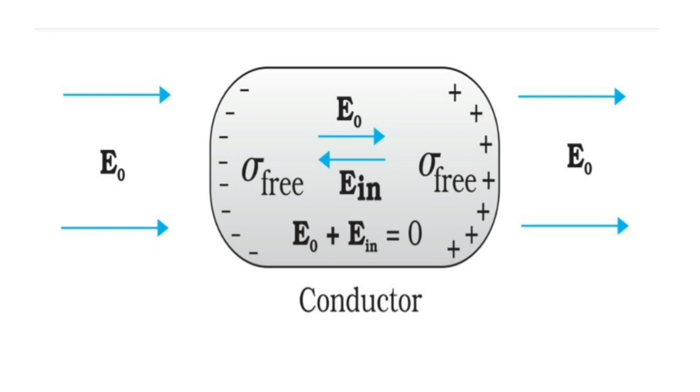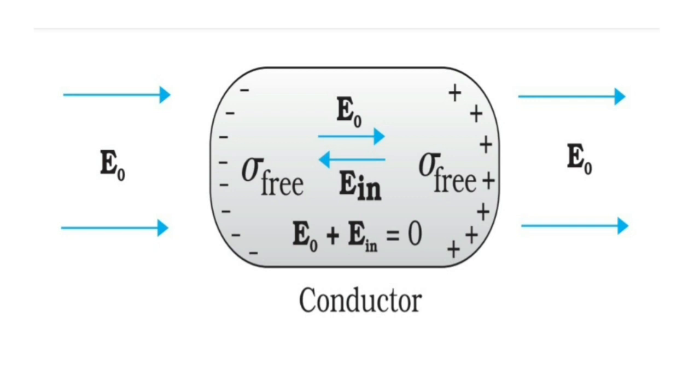What do you mean by induced electric field? Because of this movement of free electrons inside the conductor, charge densities are induced on either side. Because of these induced charge densities, we have an electric field which is directed from positive to negative. That electric field is called E in. So E0 is the external electric field and E in is the induced electric field.